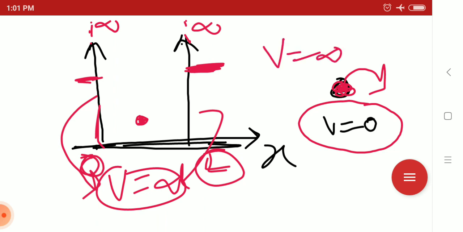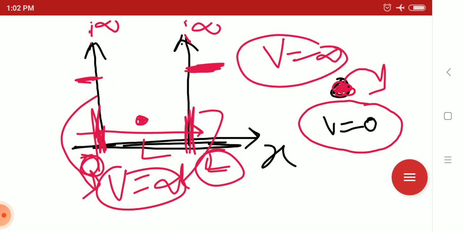V is infinite outside the box. Suppose the box has length L. At the boundary of the box, potential is infinite. But what is the potential of the particle? The potential of the particle inside the box is 0.